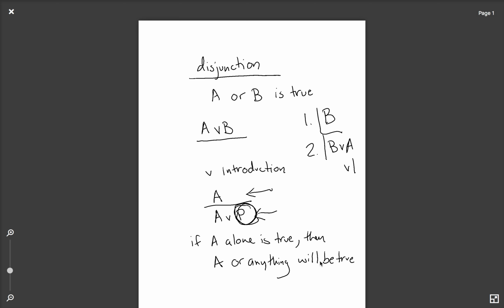This is disjunction introduction of line 1. Just because one line is true, I can confidently say that line or anything else is true. So disjunction introduction should be a very easy rule. You can take any line and add a disjunction.